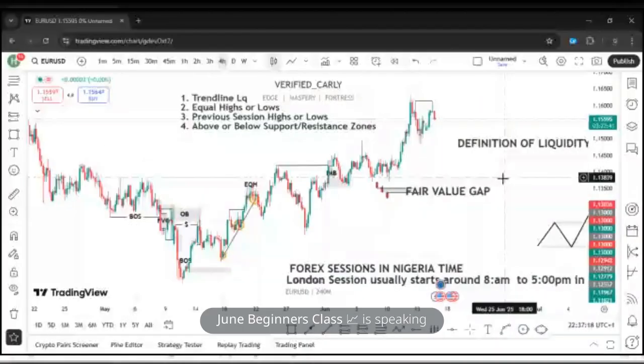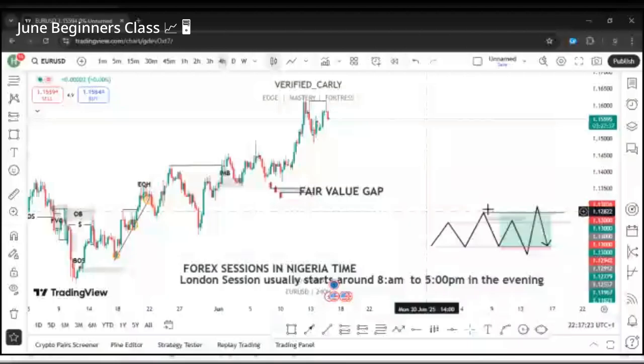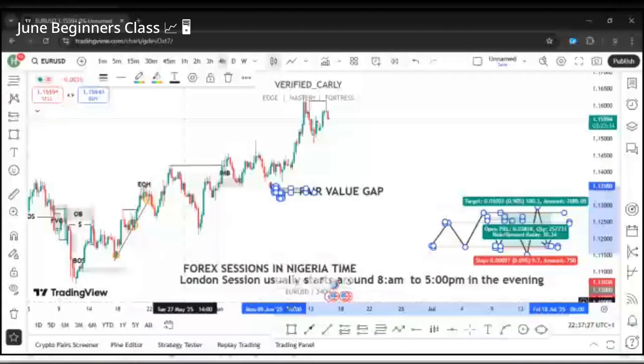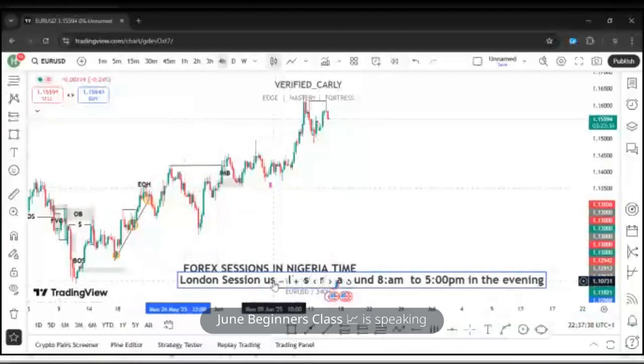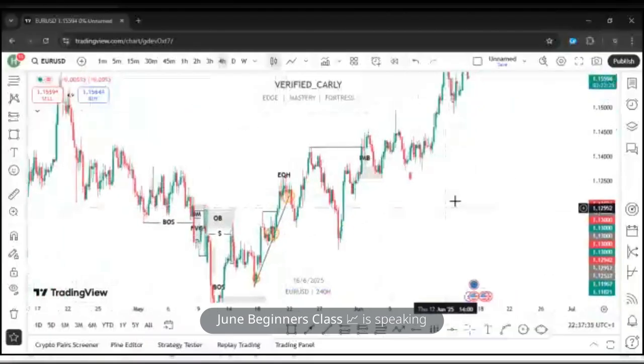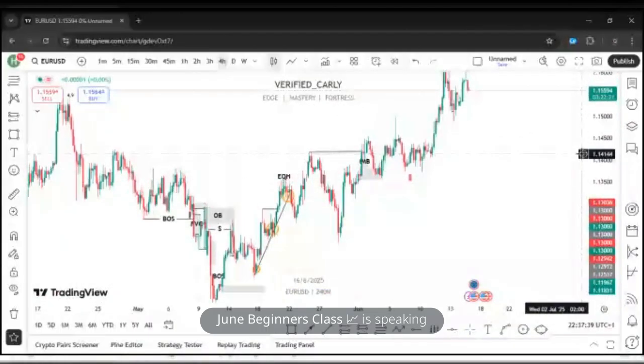You guys are seeing the charts clearly, right? On a higher time frame, if you look at this chart clearly, in the 4 hour time frame you will notice that the market is in a bullish trend. That means I have a bullish bias on this market, right?